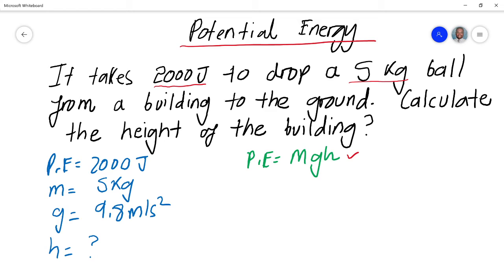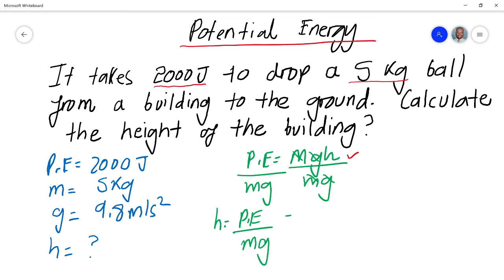I can divide this by mg, and divide that by mg, because whatever you do on your left hand side, you do on your right hand side. So therefore your height is going to be potential energy over m times g. And what is my potential energy? 2,000 divided by the mass, which is 5 kilograms, times 9.8.